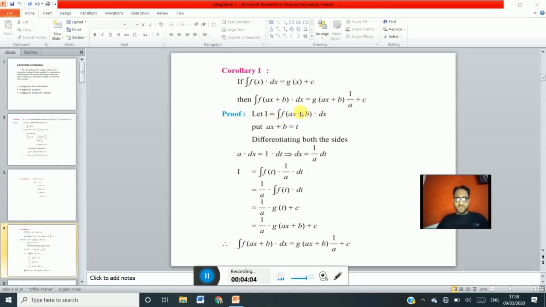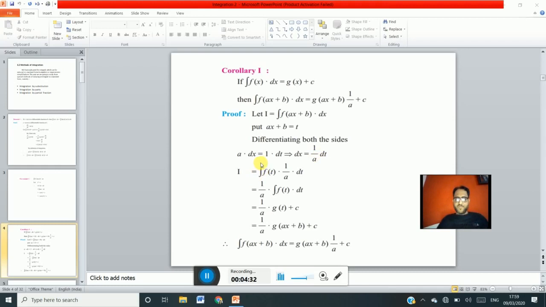Let I be the left side, we consider integration of f of ax plus b dx, and put ax plus b equals t, and if we differentiate both sides, what we get? a constant, derivative of ax is a dx, and plus derivative of b is 0, and equals derivative of t with respect to t is 1. That means dt equals a dx, so dx equals 1 upon a dt is obtained.